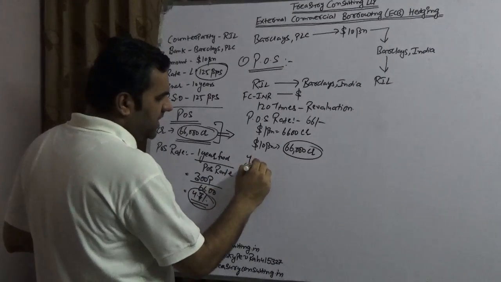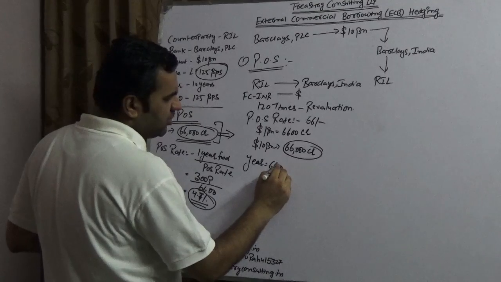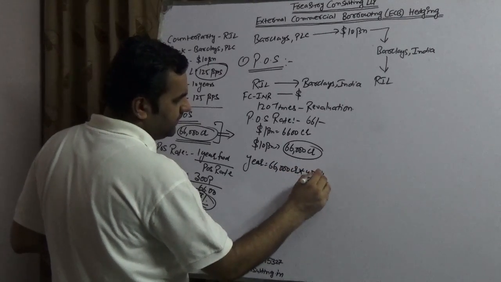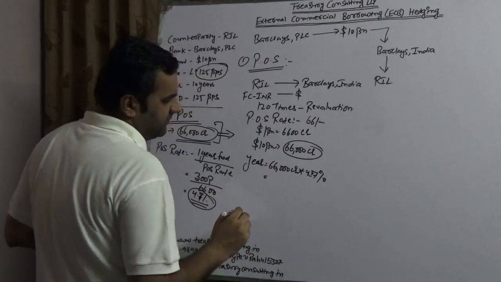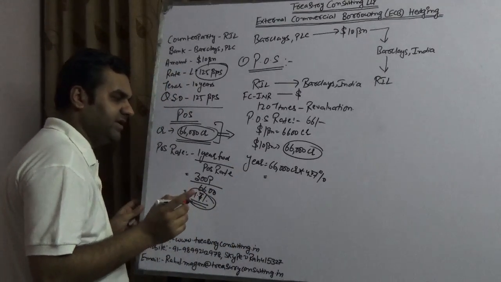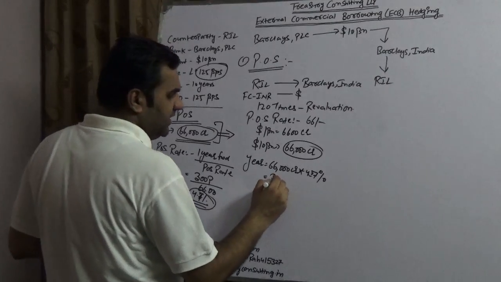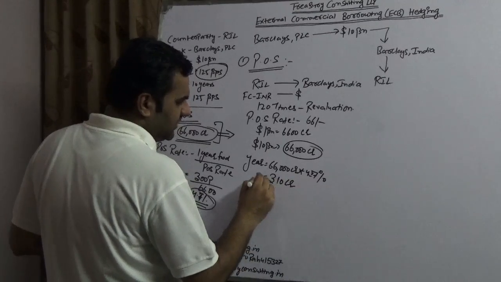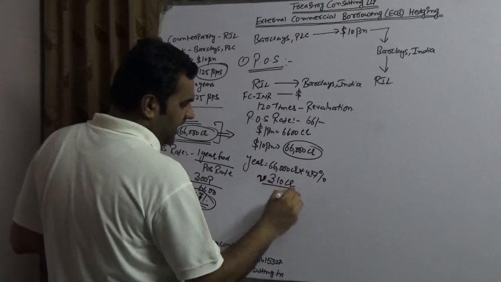Reliance would be paying 66,000 crores into 4.7%, which, if I take it as 5%, is roughly 300, I think close to 310 crores, which they need to pay every year.